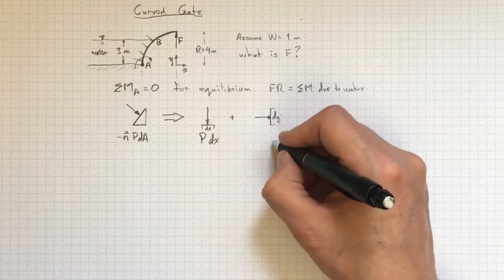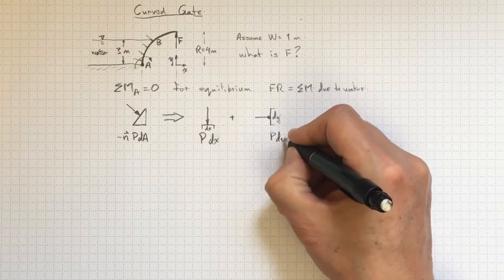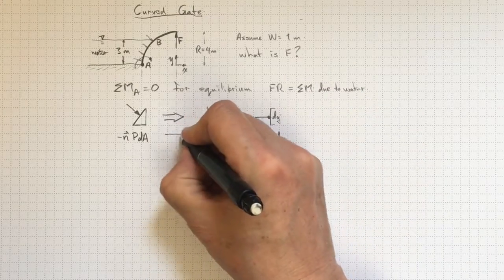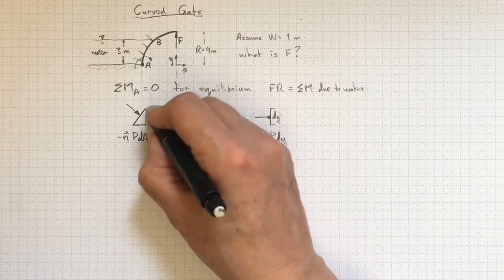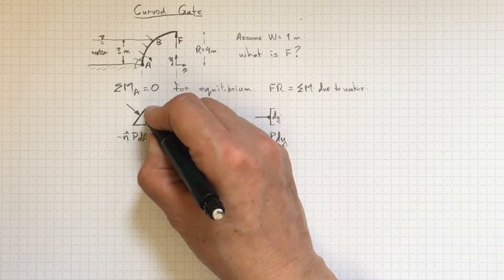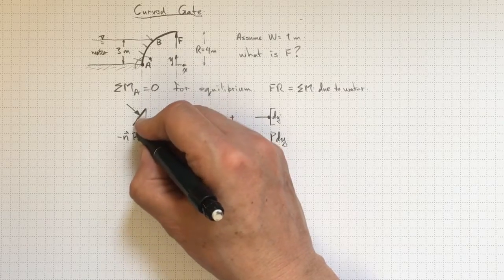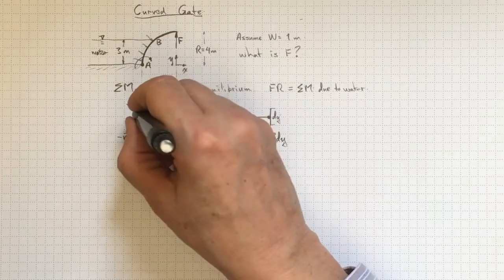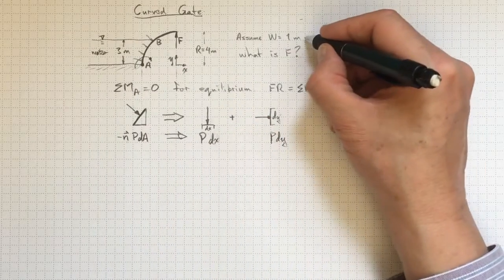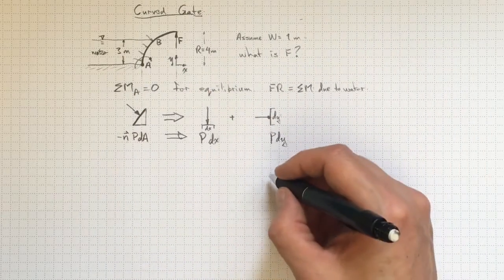This dimension here, that's dy, and we're able to break that out from the combined pressure acting over this area here, which is equal to the change in length along the arc from A to B times the width W, which we're assuming is 1, into the page.